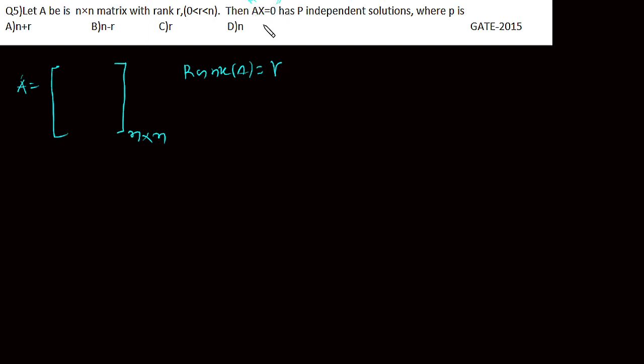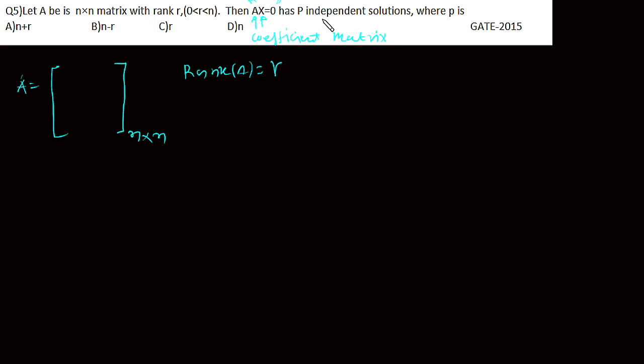Here A is the coefficient matrix, and x is our unknown vector x1, x2, x3, or in the form of other variables a, b, c. Here we have a homogeneous system because the right hand side is 0. So they are asking about the number of independent solutions.